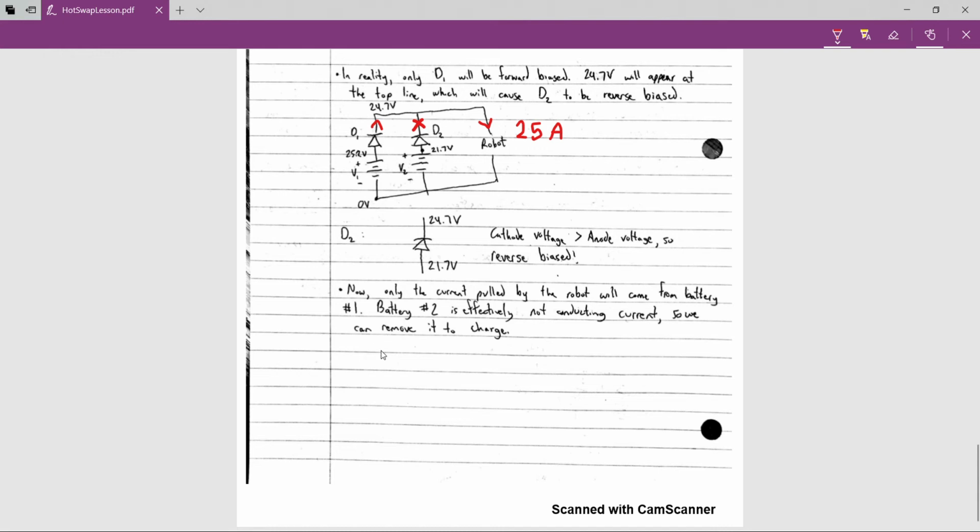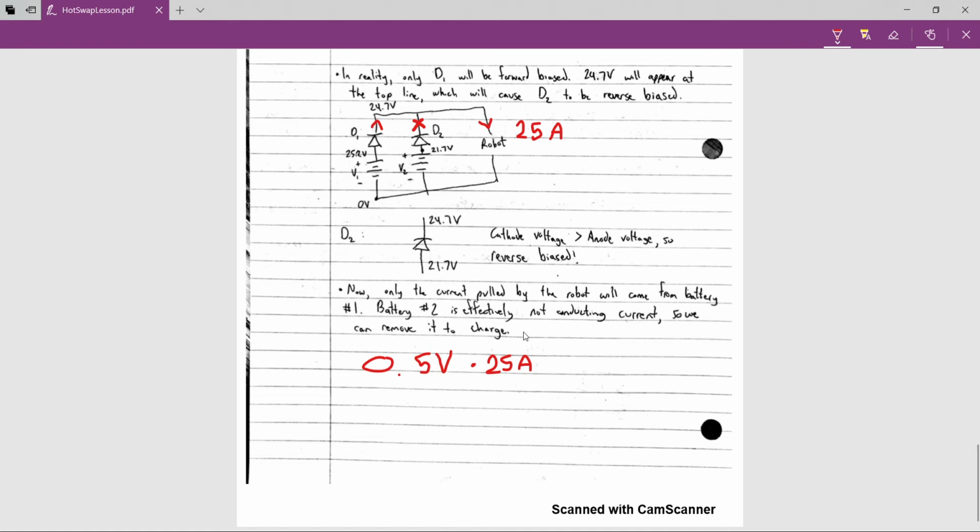So we're going to have 0.5, this is actually really hard to do with the mouse, times 25 amps, and that's going to give us 12.5 watts across that guy.